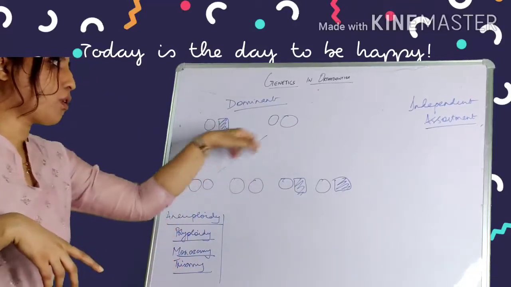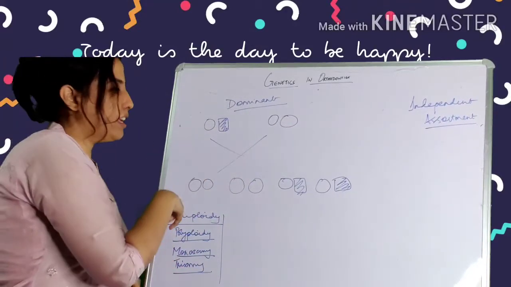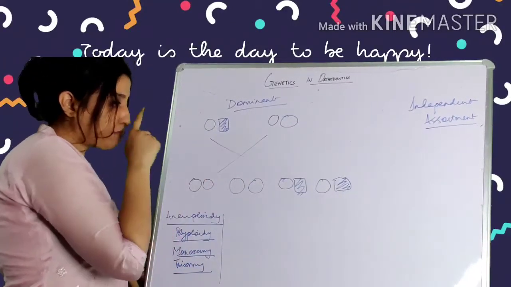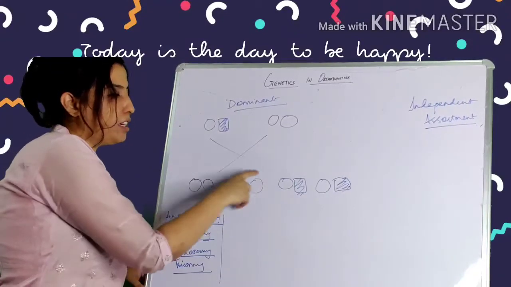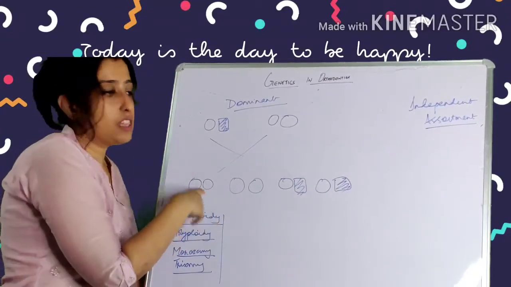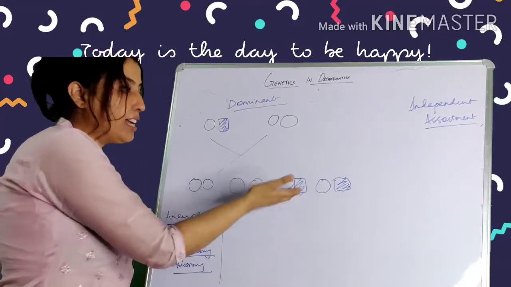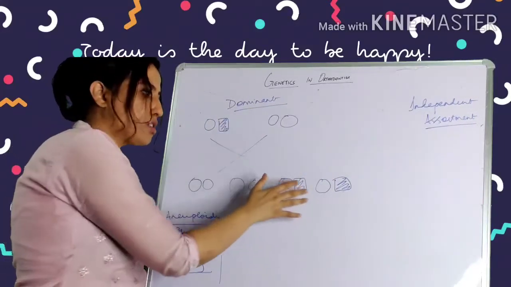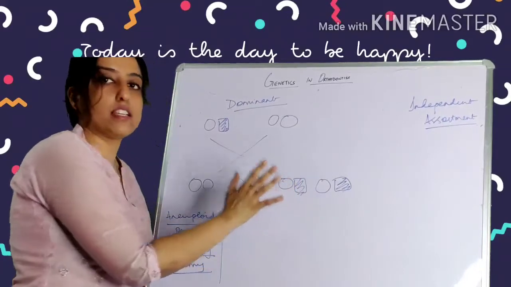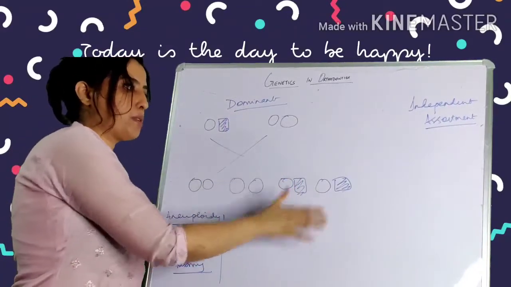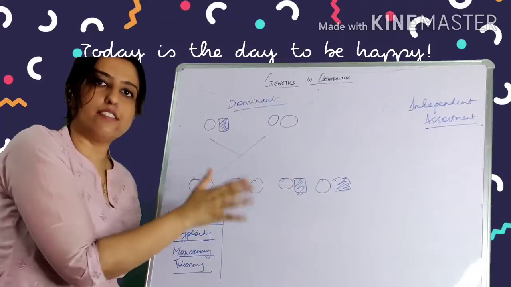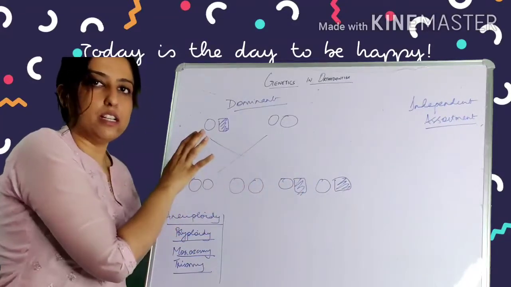If you cross them, the alleles separate, and you will have half the offsprings that won't be affected and 50% will be affected, and it will be expressed because of this gene that is affected. It's dominant, so it will be expressed. So 50% of the offsprings have the chance to have that particular syndrome.